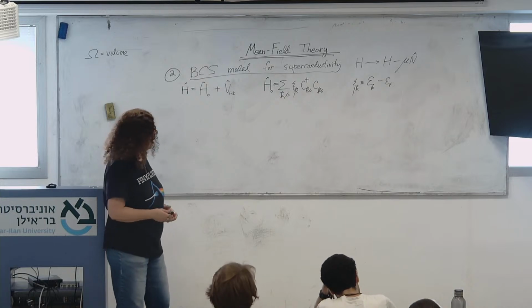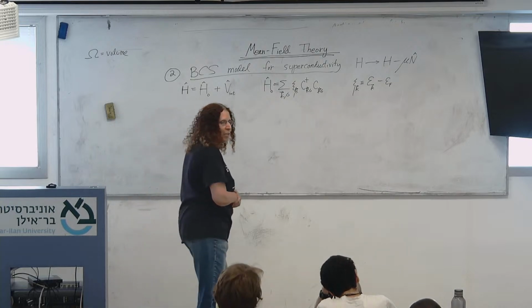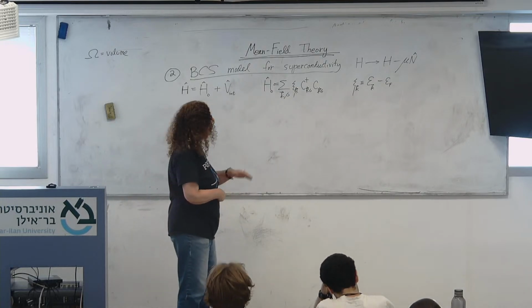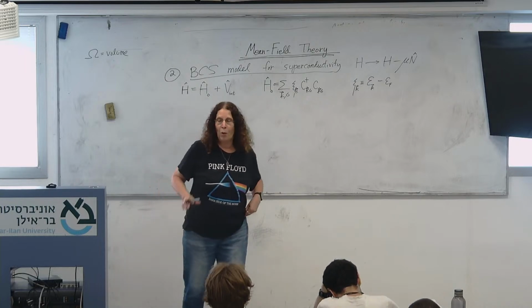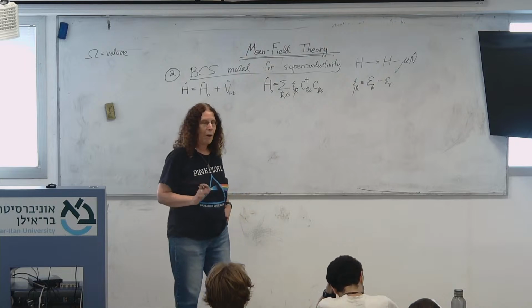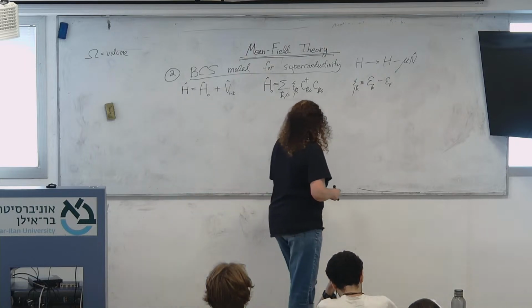Okay. In any case, I mean, we can do finite temperature, but the course is still in quantum mechanics, so I'm looking at ground states and okay. Good. So this is just the definition.